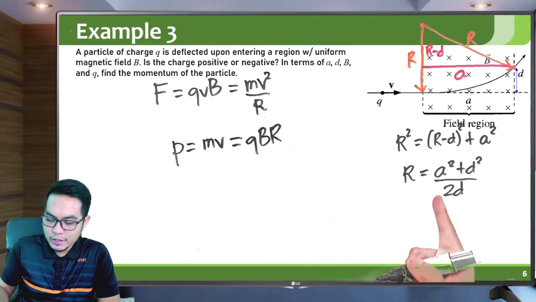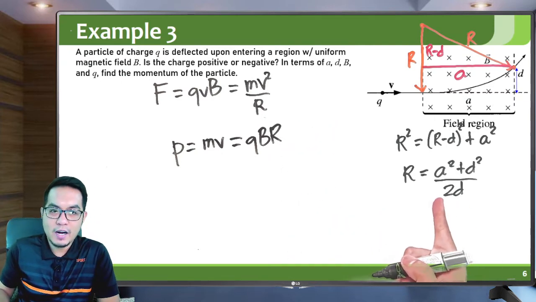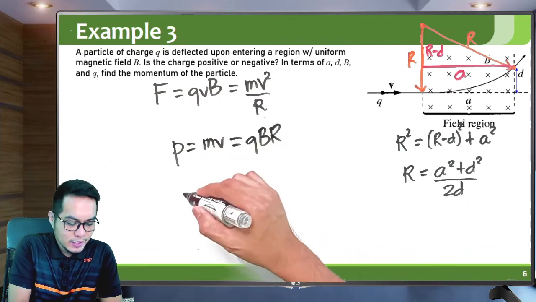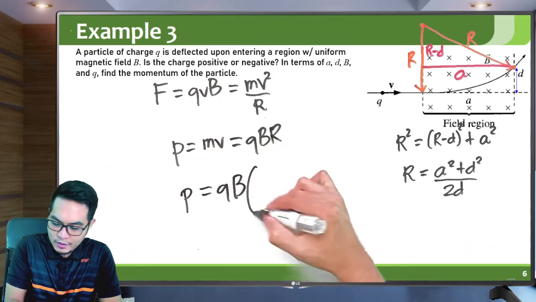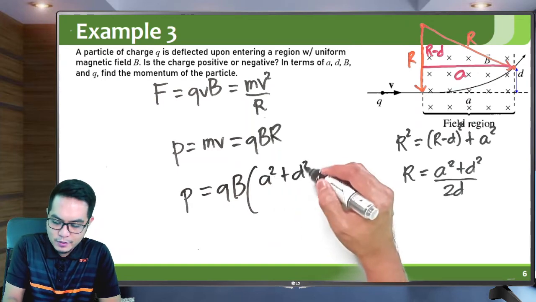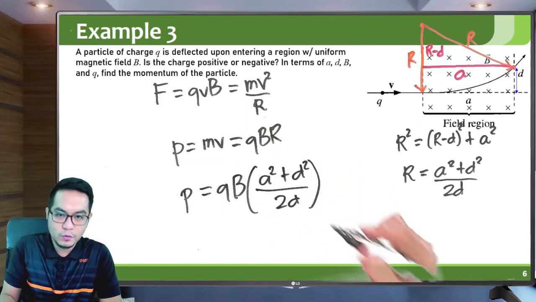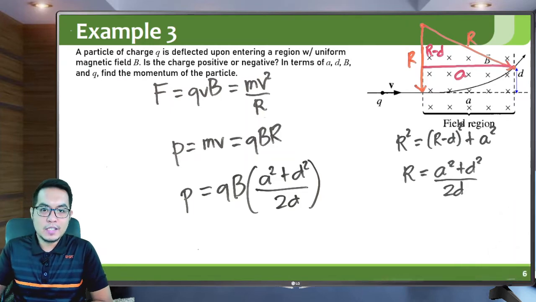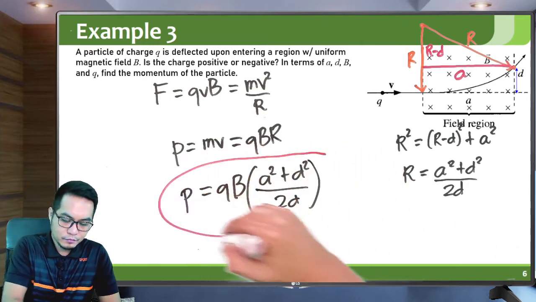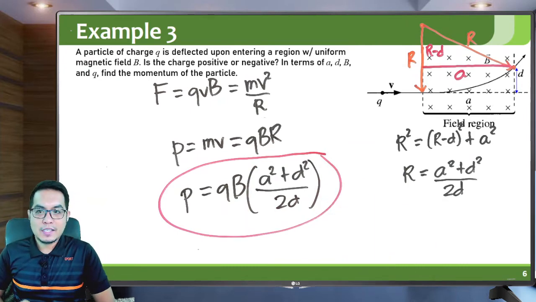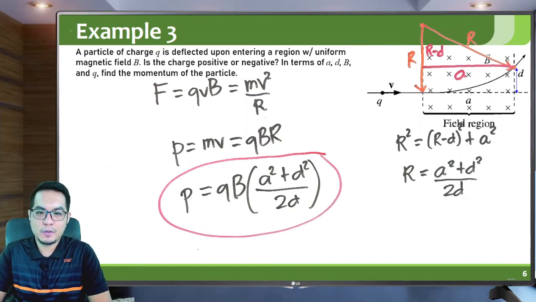And since we already know what is R in terms of A and D, then P is just equal to QB times R, which is A squared plus D squared over 2D. So this is now the momentum of this particle as it exits the field region. So QB A squared plus D squared over 2D.